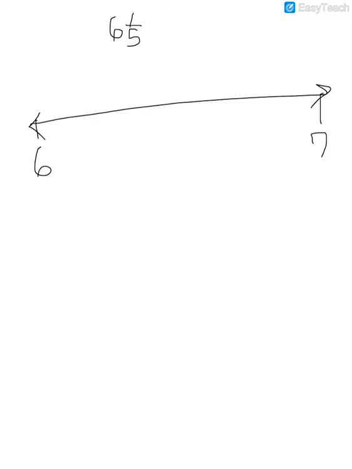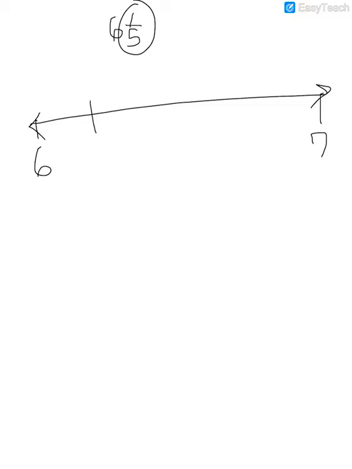So I have my whole number right here, 6 1/5, and I'm going to draw my number line. I'm going to start with 6. My whole number is 6, and I'm going to go to the next whole number, 7. So I have 1/5. I need to make 5 jumps to get from 6 to 7, which means I'm going to make 4 partitions.